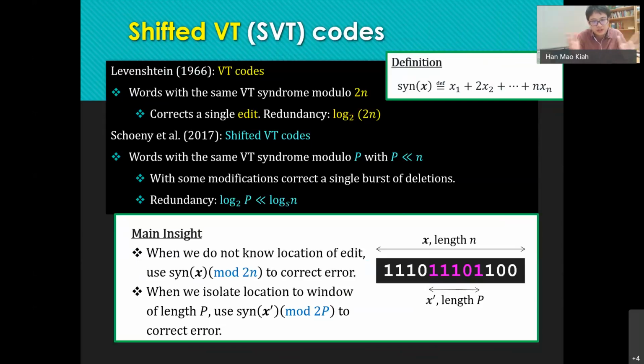So the main insight is this: if we don't know where the error is, if it's over a whole window of n, we need a VT syndrome taken over modulo 2n to correct a single edit. However, if we are able to isolate it to a smaller window of length p, then we can take the VT syndrome over a smaller modulo value. So in this case, we take it over modulo 2p, and this will do the job, provided we know we can isolate the error to here.